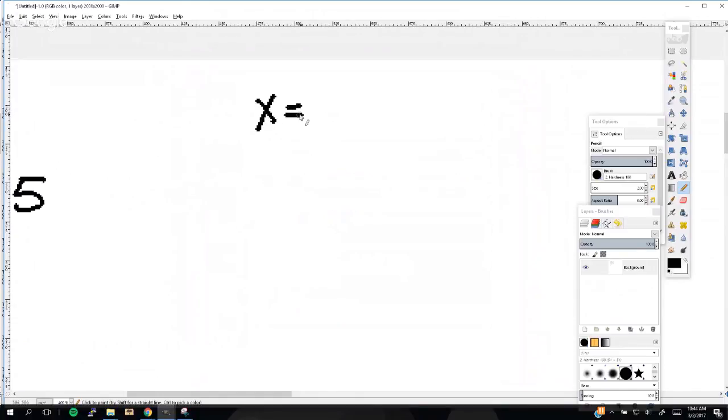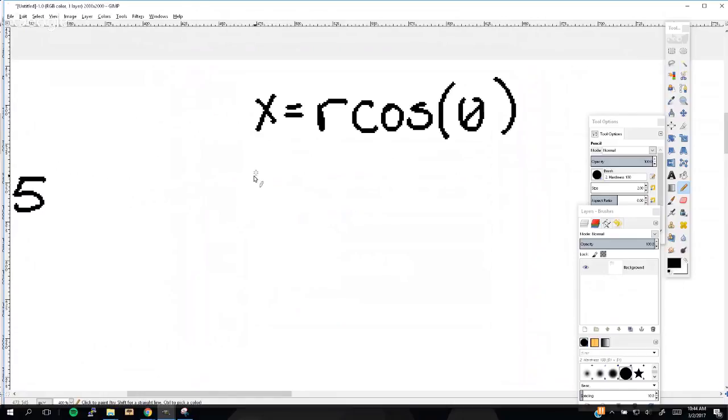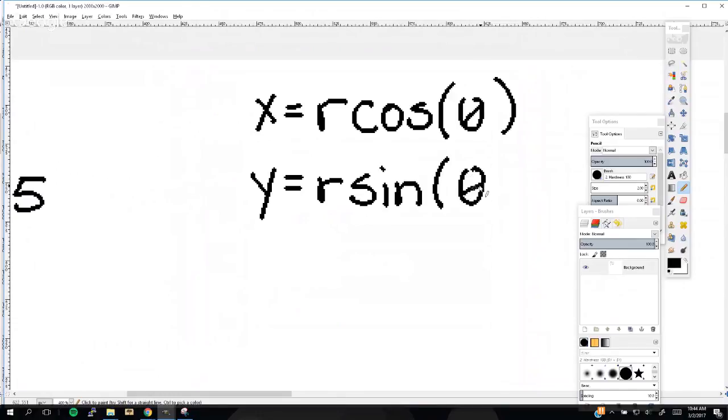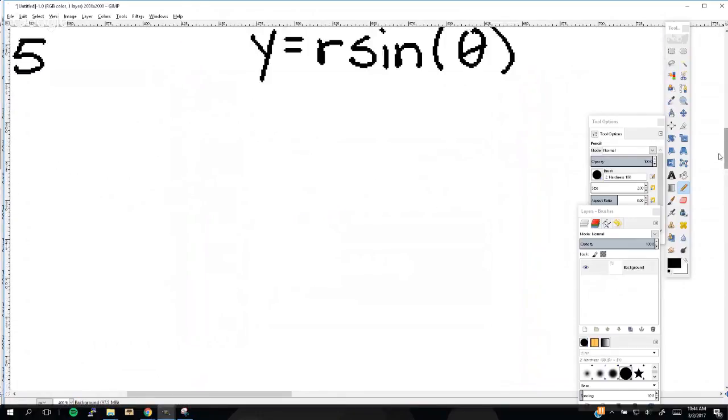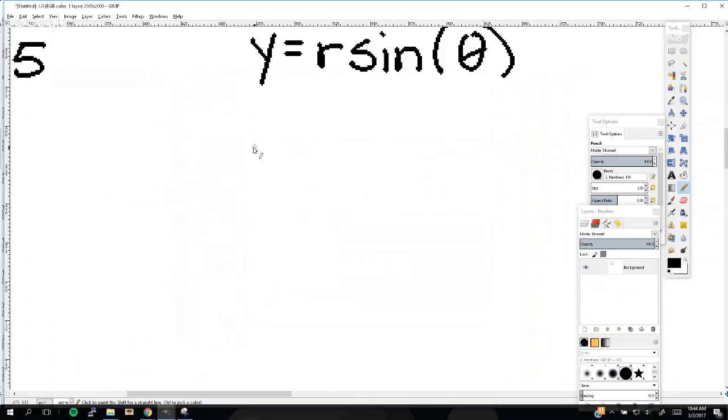Oh, okay. Yeah, you're right. x equals r cosine of theta. So you would have to put in the r's. But I think, oh, I know what you do. I understand now.